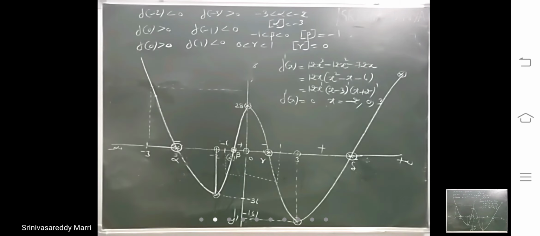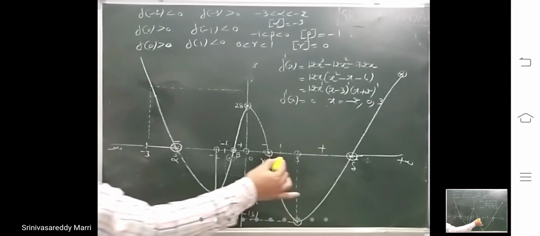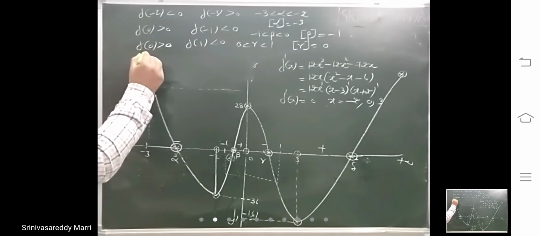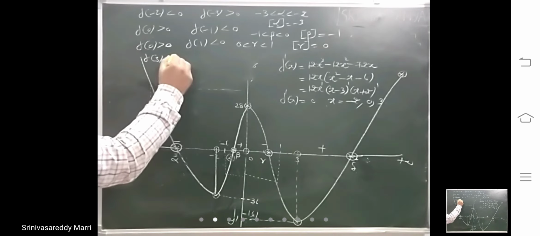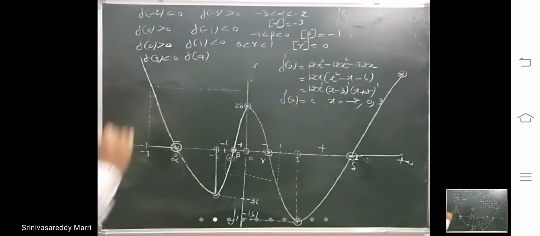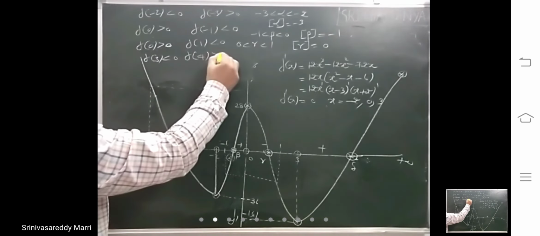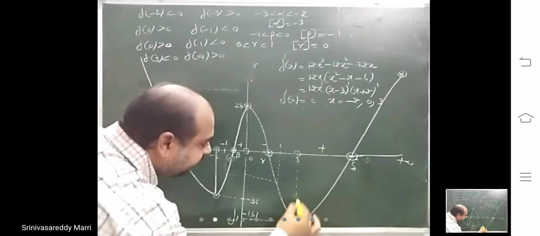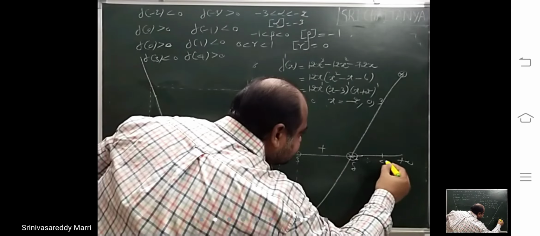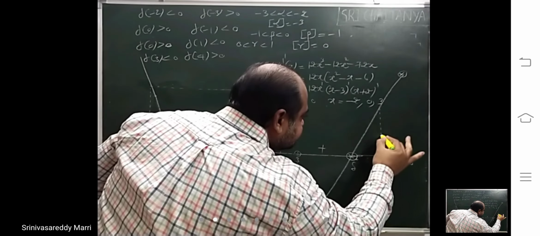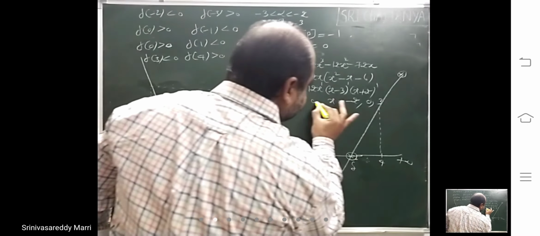Next, similarly, clearly this delta root will be greater than 3. f of 3 is negative. Calculate f of 4. Positive, right? Very good. f of 3 is negative and f of 4 is positive, so after gamma it will lie near 4.